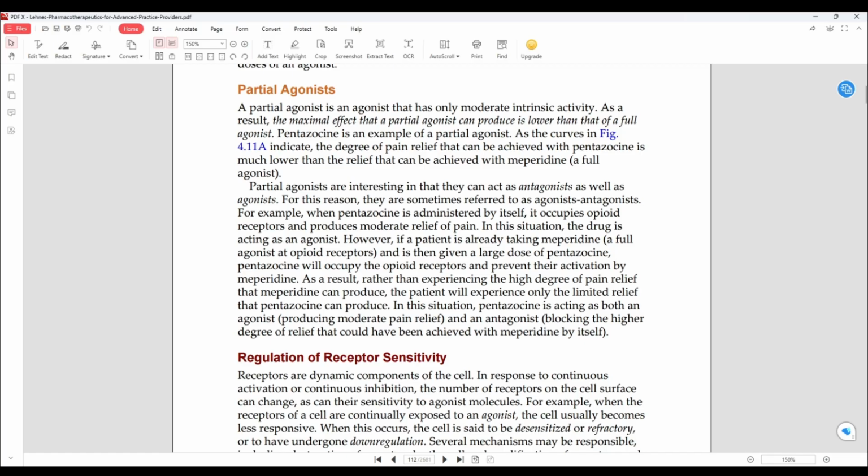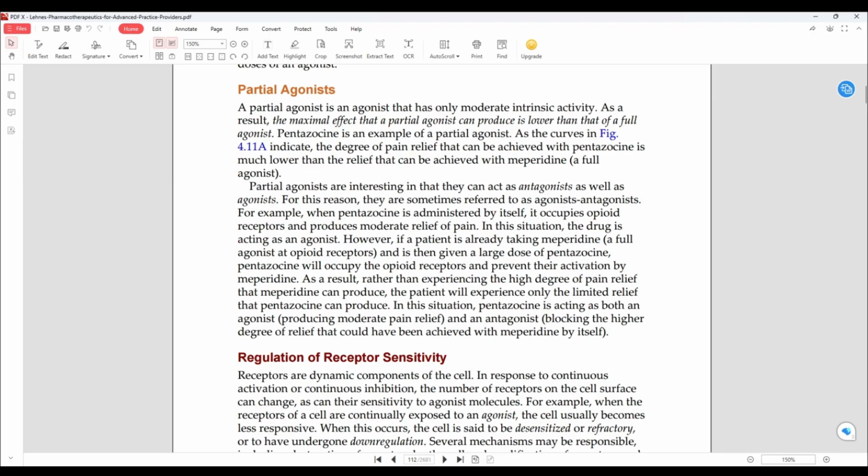Partial agonists. A partial agonist is an agonist that has only moderate intrinsic activity. As a result, the maximal effect that a partial agonist can produce is lower than that of a full agonist. Bringing us back to the pentazocine example, that is a partial agonist.